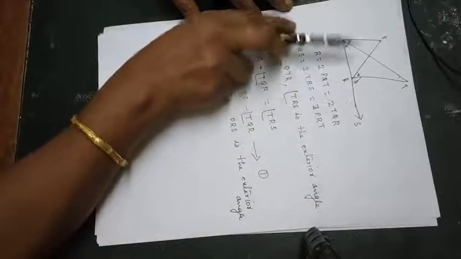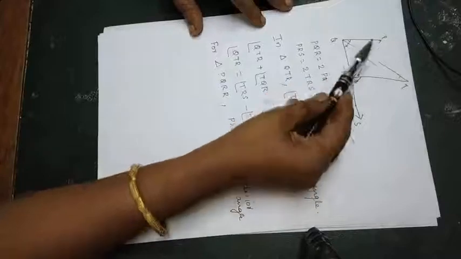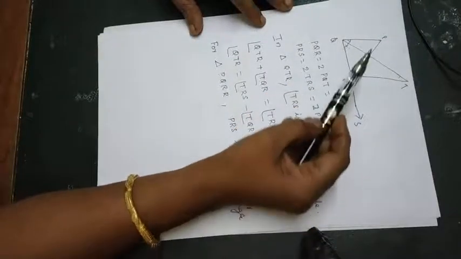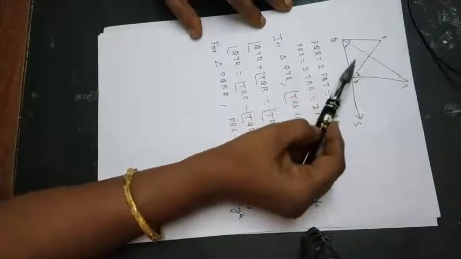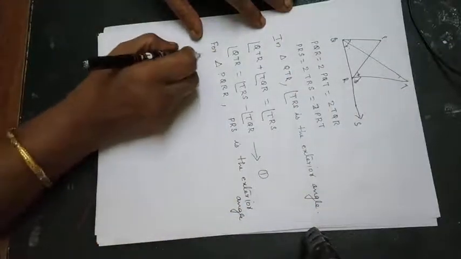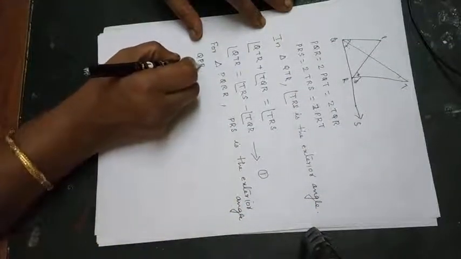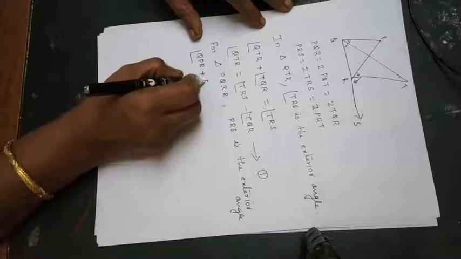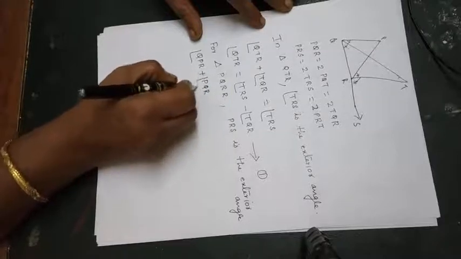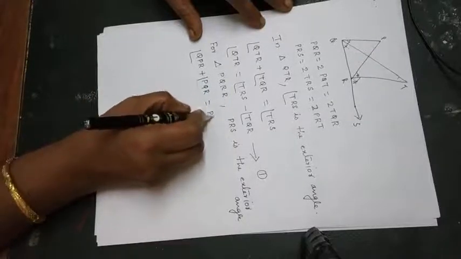So PRS will be equal to PQR plus QPR. So QPR plus PQR is equal to PRS.